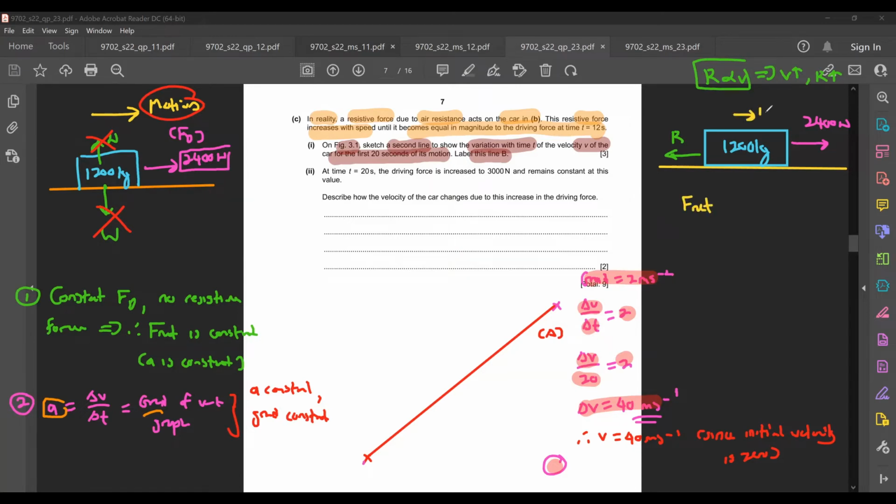Okay, so if you look at this one, this is F net. Again, my motion is towards the right. F net is actually Ft minus R. But the thing here is that Ft, my driving force, is constant, but R has a tendency to increase because my speed will increase.